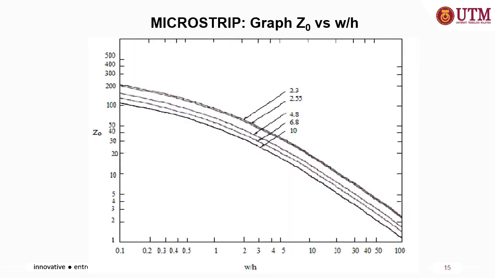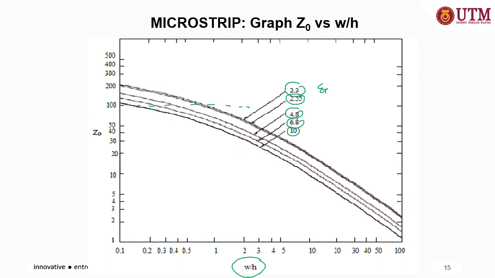Besides equation and calculation, you can also estimate the ratio of the width and the height or thickness of the substrate by using the microstrip graph. It basically shows the relation between Z0 and the ratio of W over H. So once you know the characteristic impedance, for example 100, then you can estimate the ratio of W over H by knowing the relative permittivity of the substrate material.